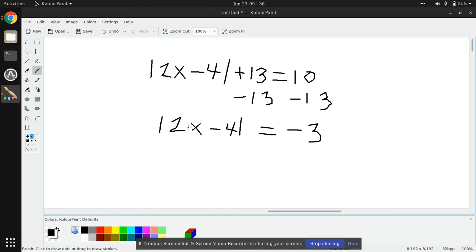Wait, an absolute value always makes your answer positive, but here we're saying an absolute value equals a negative. So if you ever end up with absolute value equals negative, you will have no solution.